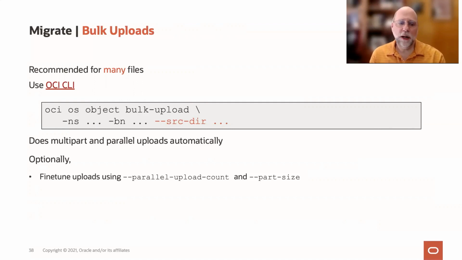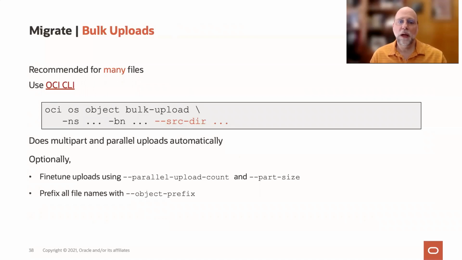A couple of options there. One is that you could limit the parallel upload count or the part size if you want to. You might need to do this depending on your network traffic, maybe throttle it during the day and have it bigger at night. You might want to prefix the file names because when you're going into an object store bucket, these buckets can be arbitrarily large and you may not know exactly what else is in there or who else is using that bucket.